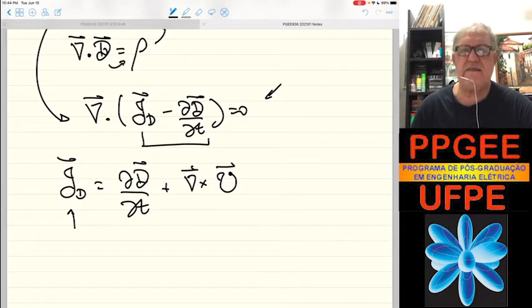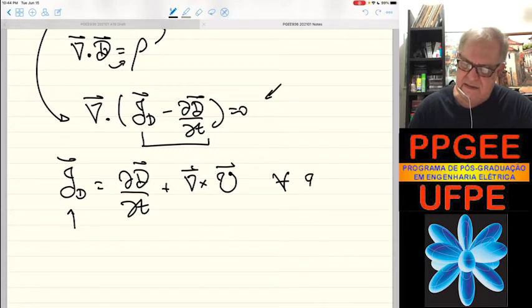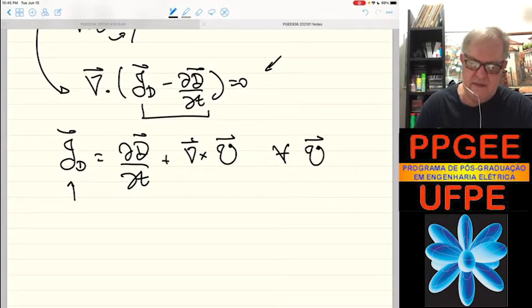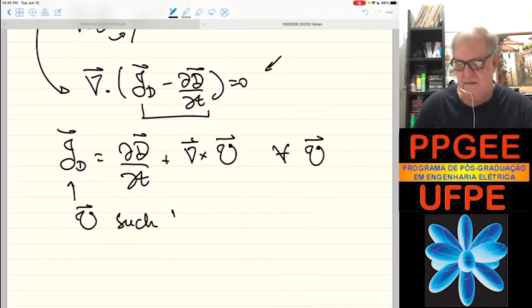So that's the general solution for JD. So JD has this form, whatever choice I have for this rounded V, okay? So we're just going to choose V such that the curl equals 0.